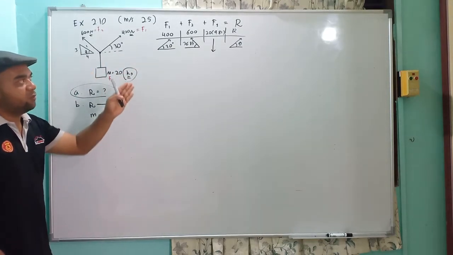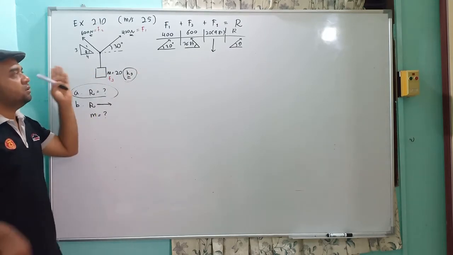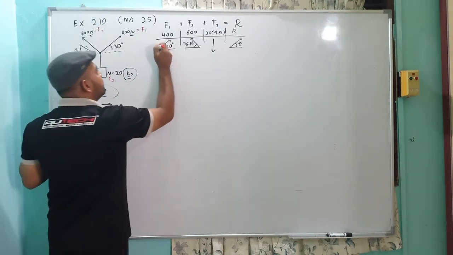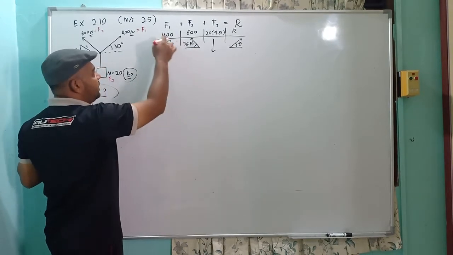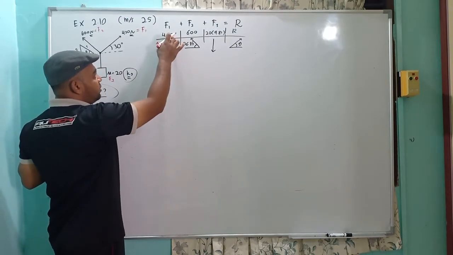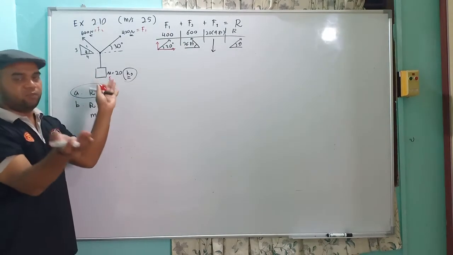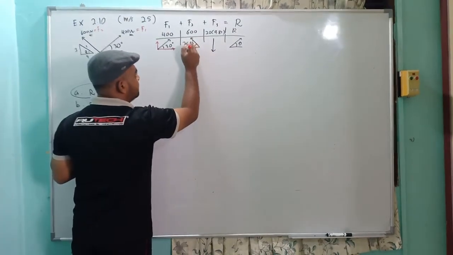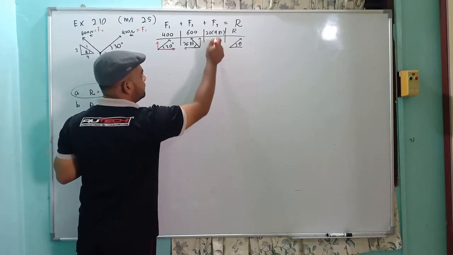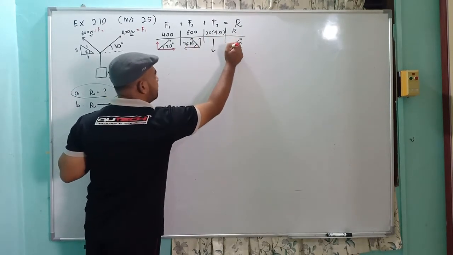The easiest components we have are x and y. So I have to resolve into x and y. I have to make sure that once I resolve, the original force is in between the two resolving forces. So this first one here is already downward, so I don't have to resolve.